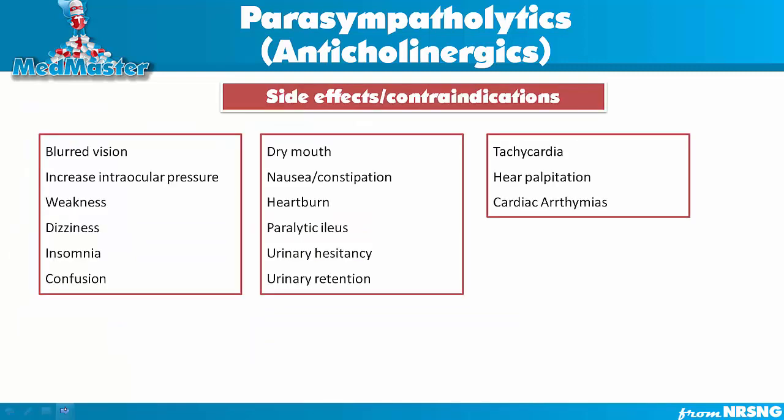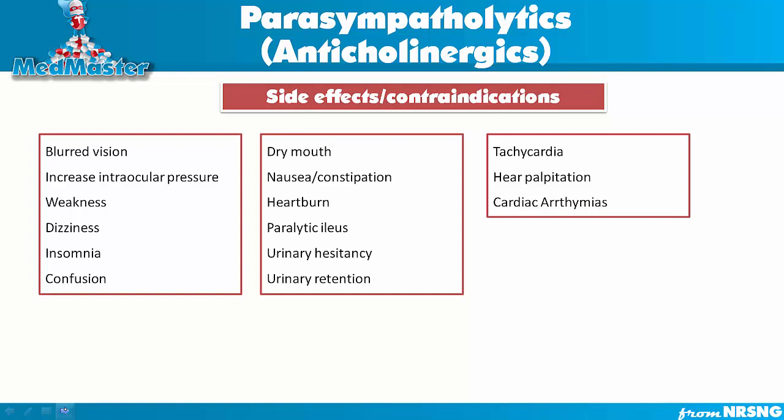Now, side effects. It's the same thing. If you're giving a drug, let's say to treat urinary frequency and urinary urgency, this drug is also going to go to a different organ and bind to parasympathetic muscarinic receptors and block those too. Those effects are basically the side effects.